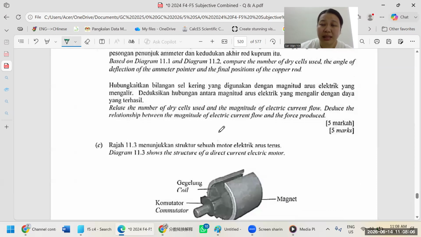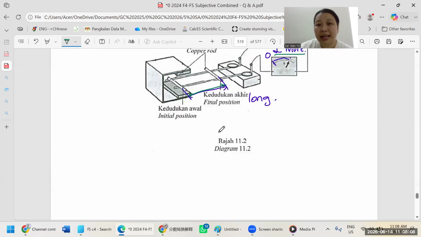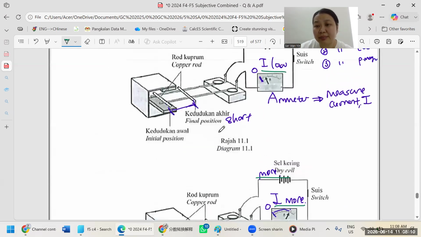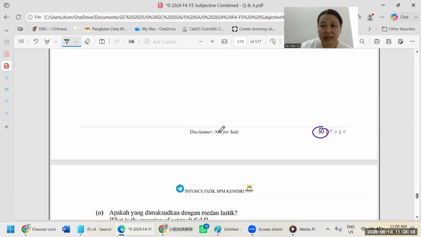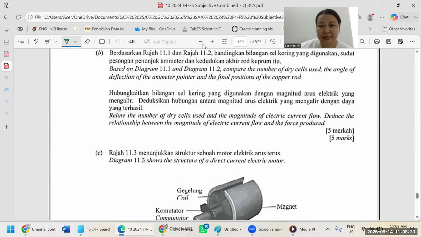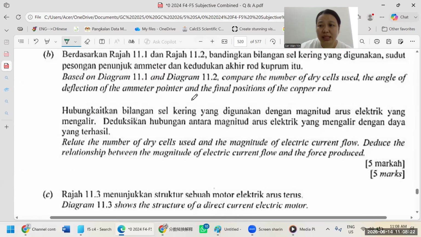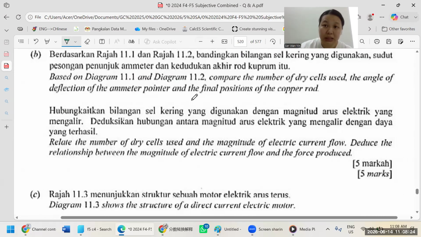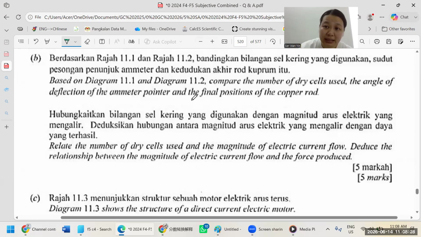That's why you need to analyze the diagram. Don't just look only, because your brain is tired. Don't think it's stupid. You are just analyzing and answering step by step.